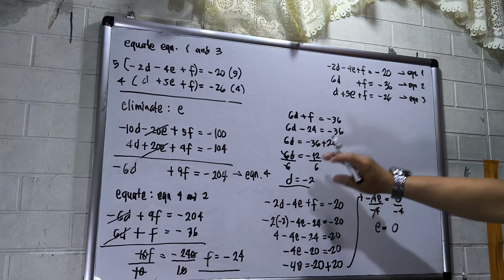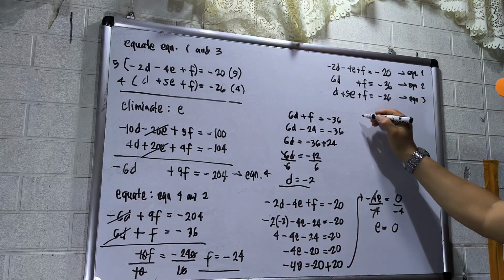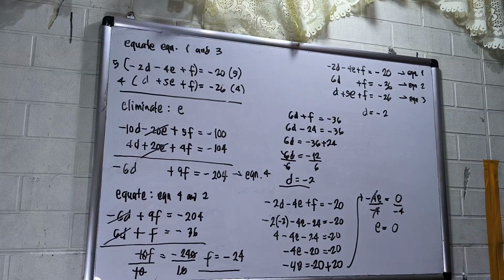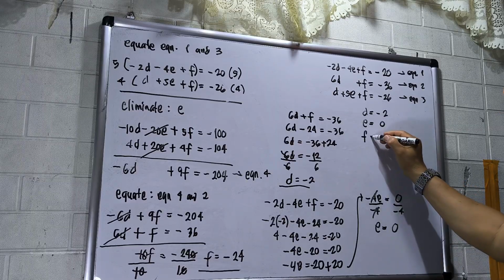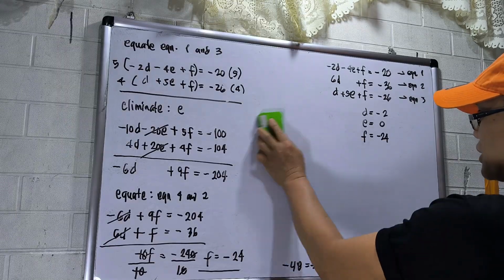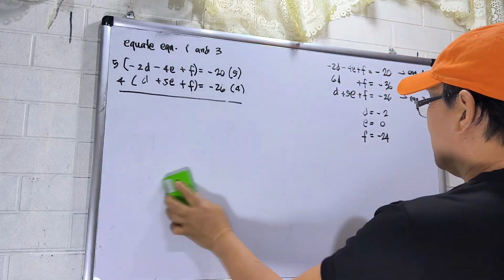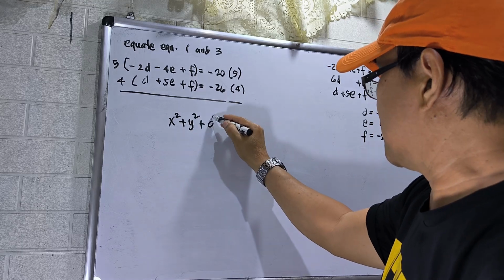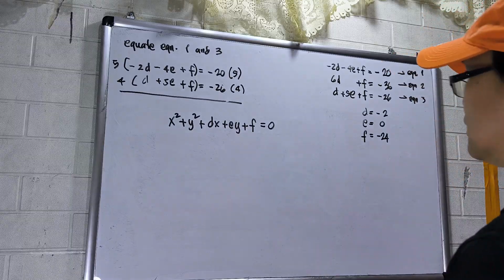So I will write all the variables d, e, f. So d is negative 2, then e is 0, then f is negative 24. Okay? So let's go back to the original equation. The equation of a circle is x squared plus y squared plus dx plus ey plus f is equal to 0.